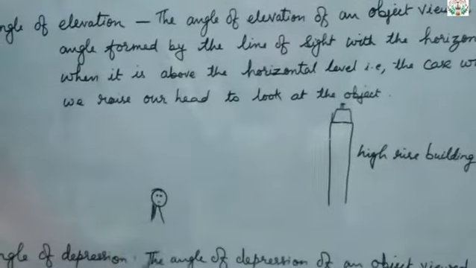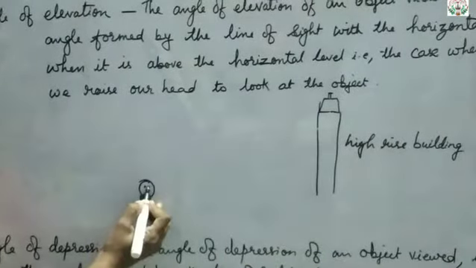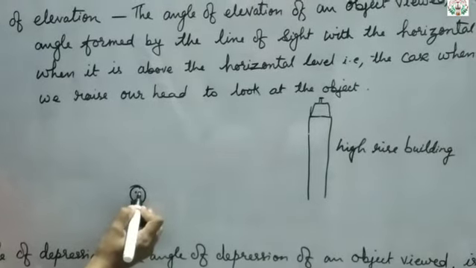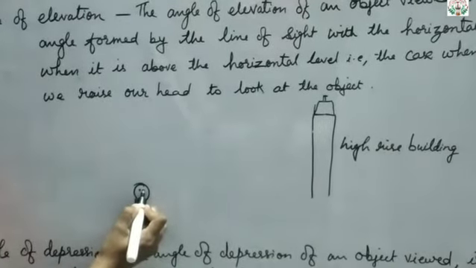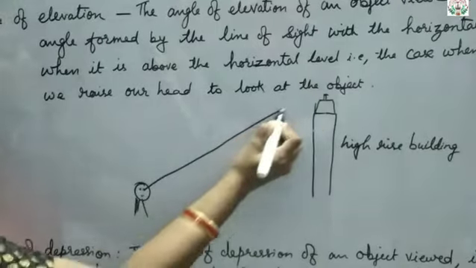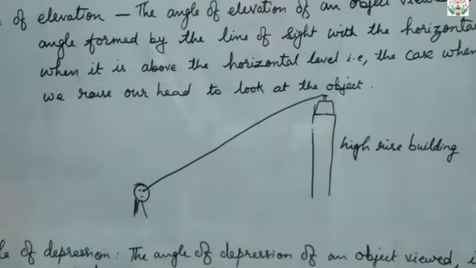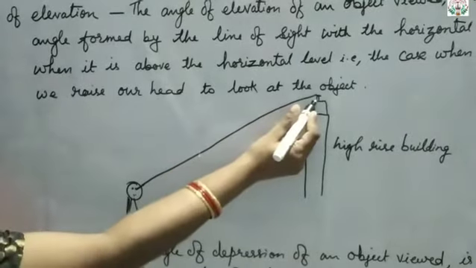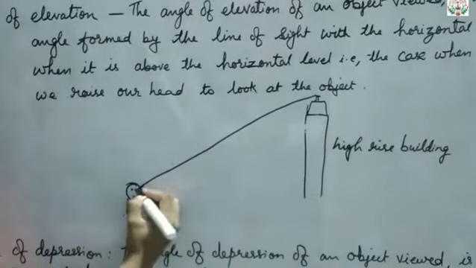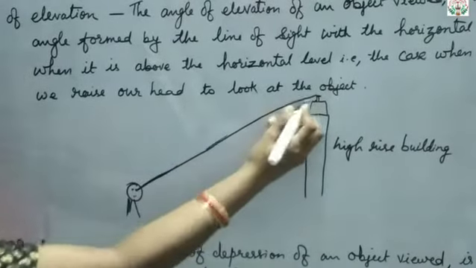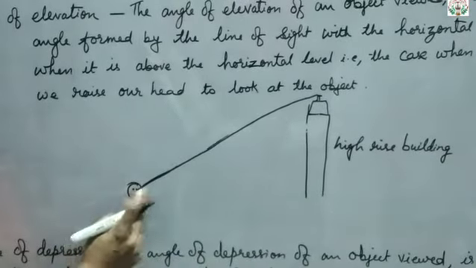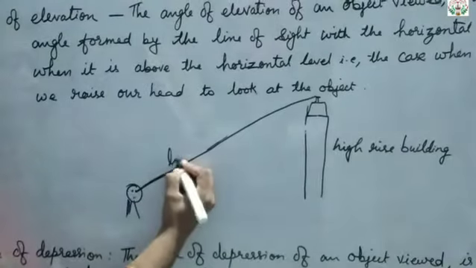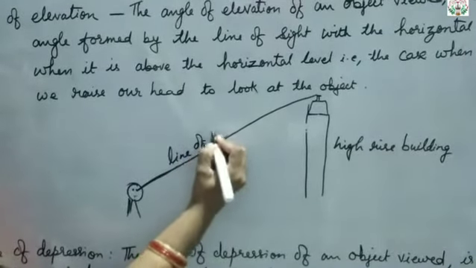He has to raise his head to see the top of the object. So when the eye goes up to see the top of the object, this will be the line of sight.